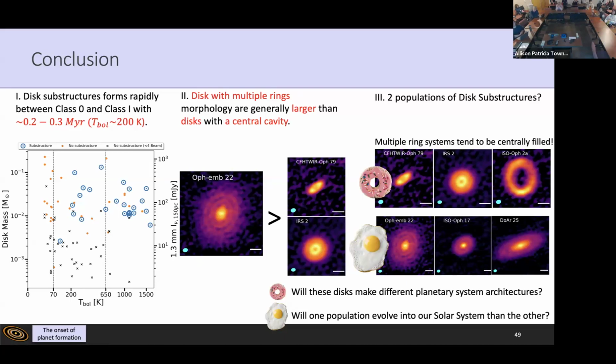Since this is ALMA band 6, 1.3 millimeter, these are thermal dust emission, not free-free emission from the central jet. And interestingly, we found that multiple ring systems tend to be centrally filled. You don't see a large central cavity inside the multiple ring disks. We don't know why, but that is something interesting to investigate in the future.